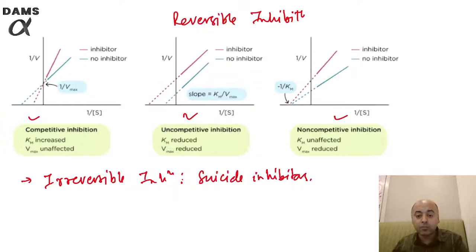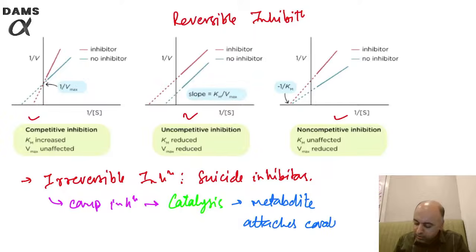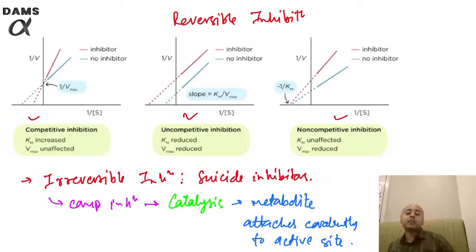So you should look up suicide inhibitors, where initially there is competitive inhibition, followed by a process of catalysis, and following catalysis the metabolite which is formed attaches covalently to the active site.